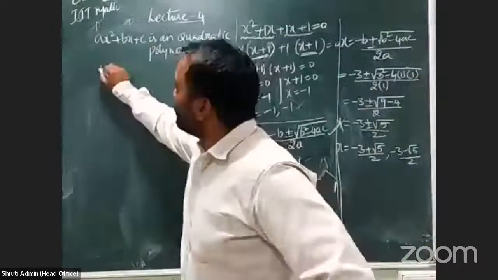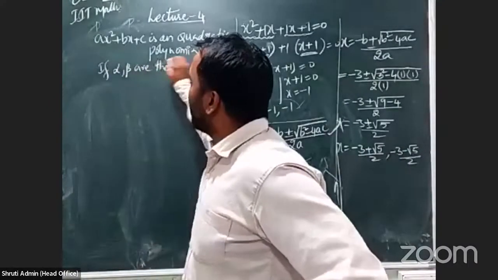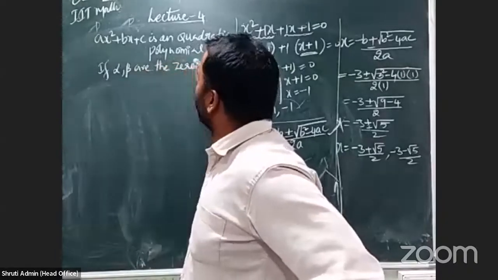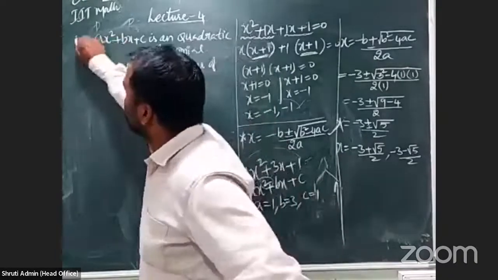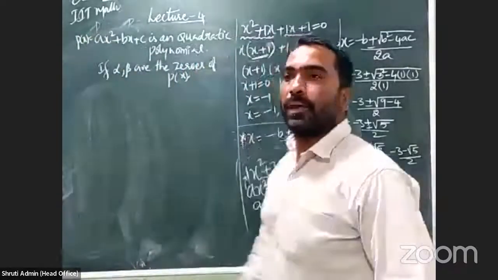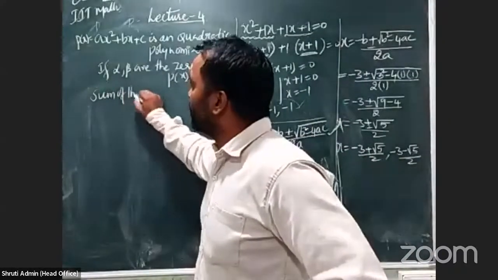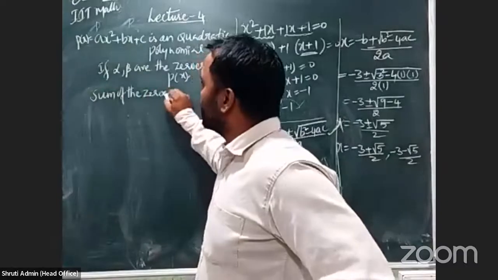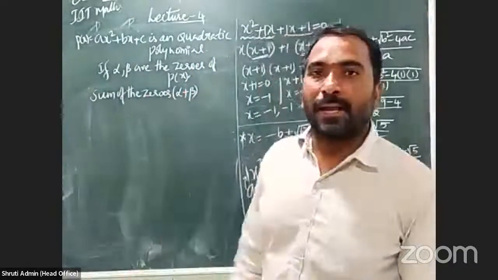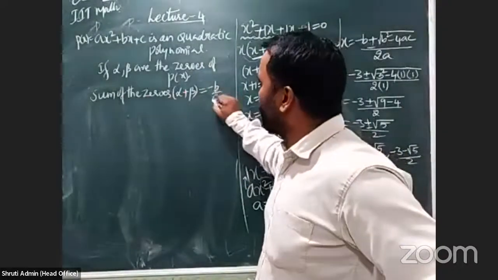So suppose alpha comma beta are the zeros of p of x. Then the sum of the zeros, that means alpha plus beta, because we have taken alpha and beta as the zeros, alpha plus beta equal to minus b by a.